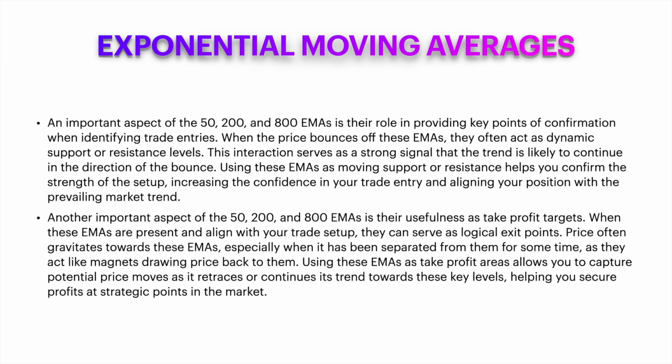Using these EMAs as take profit areas allows you to capture potential price movements as it retraces or continues its trend towards these key levels, helping you secure profits at strategic points in the market.